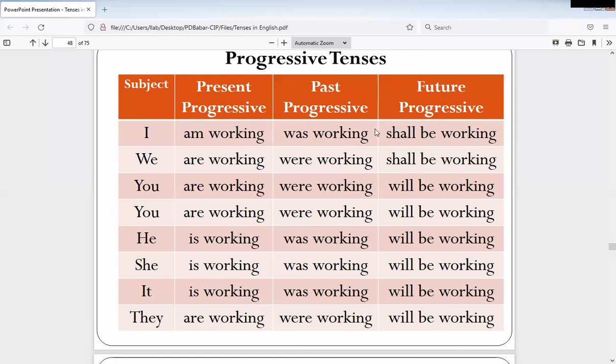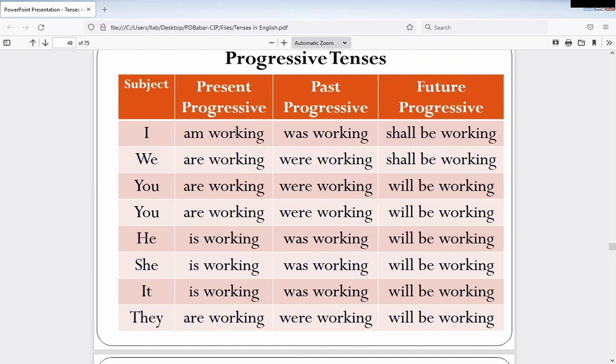I shall be working, मी काम करत असेन. You can take any verb here, such as play, trek, teach or learn.